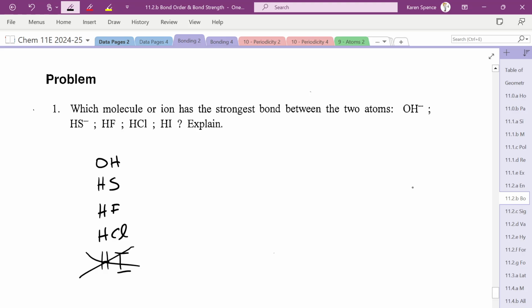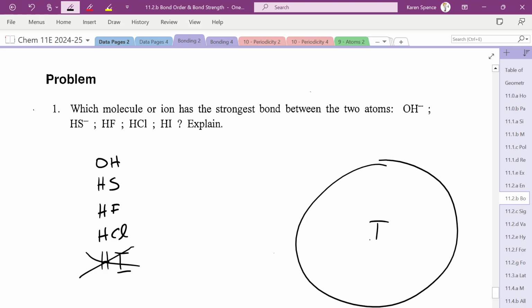Because I is very big, which means that our internuclear distance is long, and therefore longer bonds are weaker. Cl is bigger than F.